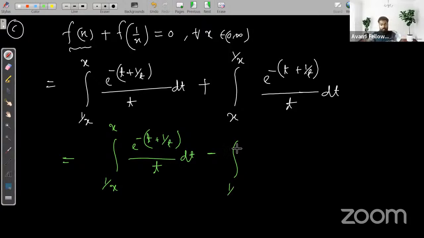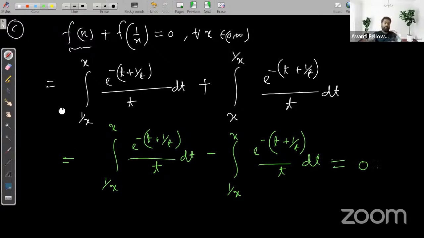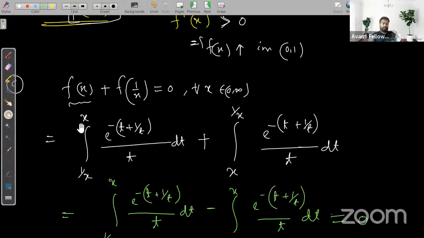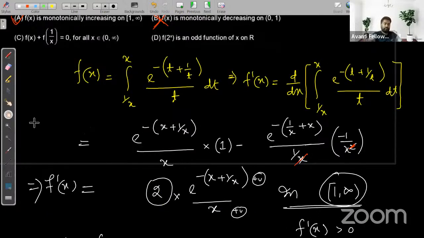So this becomes the integral from 1 by x to x of e to the power minus of (t plus 1 by t) dt. Now you can check, both the integrals are the same, that means the sum is equal to 0. Yes, option C is correct. Guys, option C is correct.